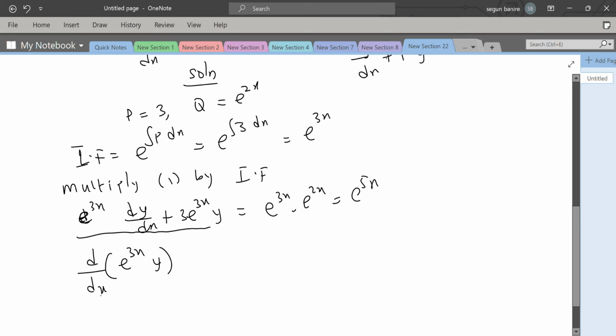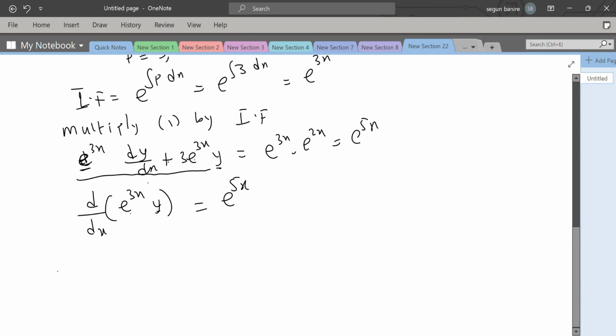It means that the derivative of e^(3x)y is what you have at the top. So you are using the product rule to confirm that. You leave e^(3x) first and differentiate y, you have dy/dx, plus you leave y and differentiate e^(3x), you get 3e^(3x). So now this is equal to e^(5x).